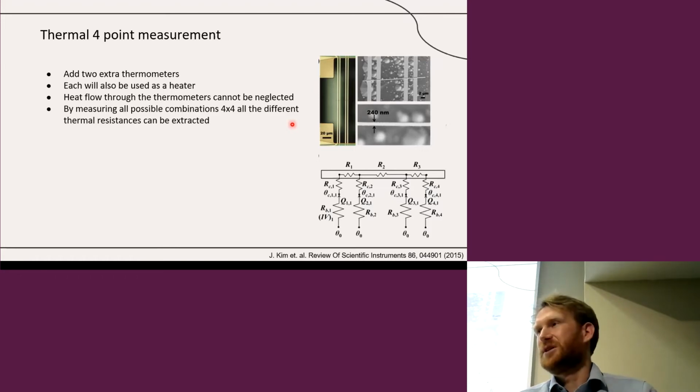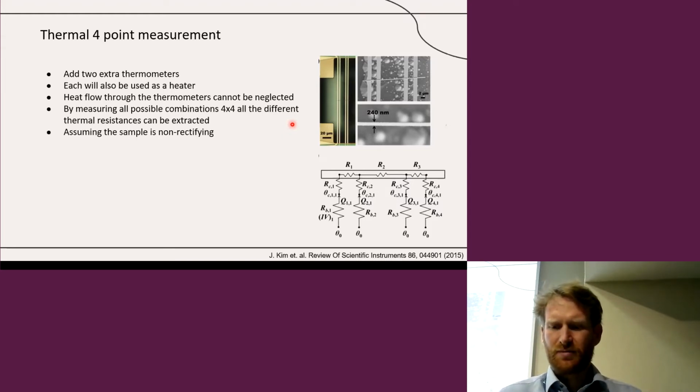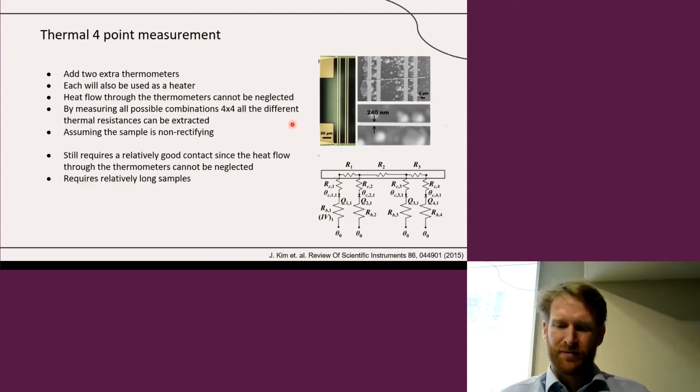But with one single measurement, whereas before we needed to change either the diameter or the length, and then do the scaling with diameter or length to find the contact resistance. Again, this is assuming that the sample is non-rectifying. So again, this method cannot be used when you have any inhomogeneities in your sample. So it's again just for homogeneous samples. And of course, you need it to be relatively long to be able to bridge all these thermometers.